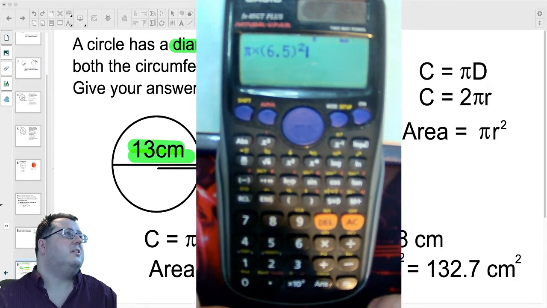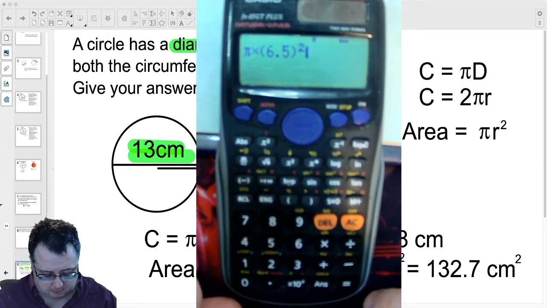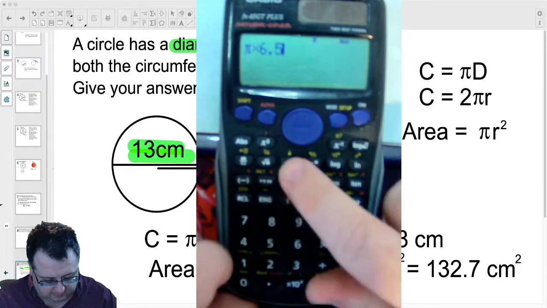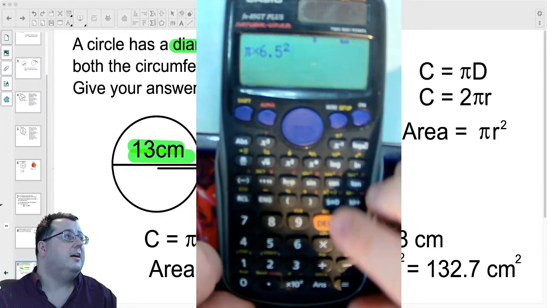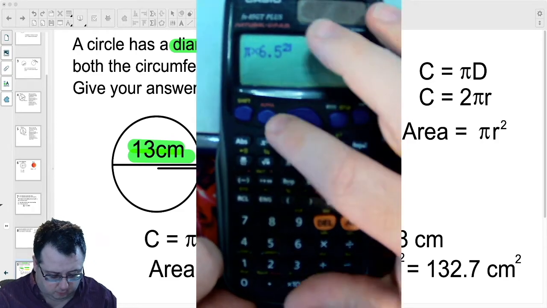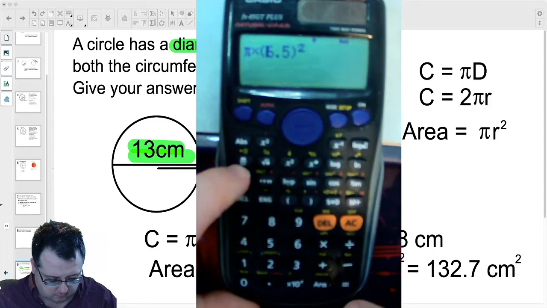Okay, notice I've put the 6.5 in brackets rather than just do this, shift pi times 6.5 squared. Okay, it just spells out exactly what I want the calculator to square.